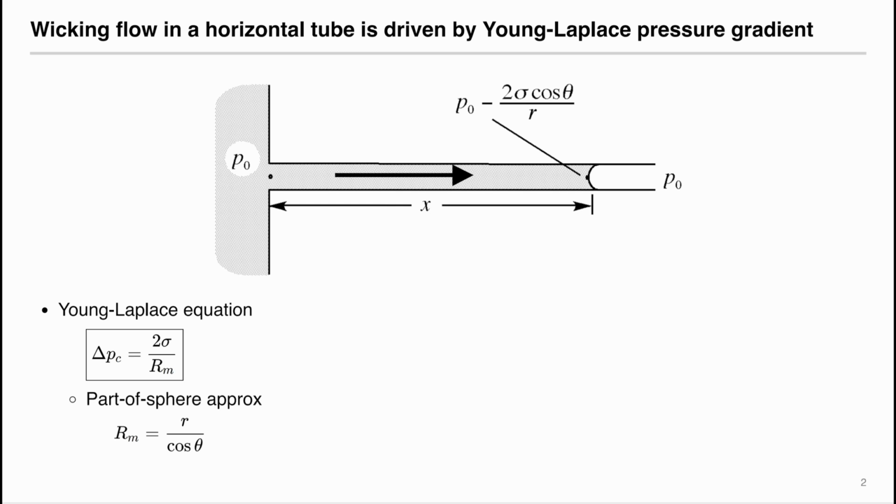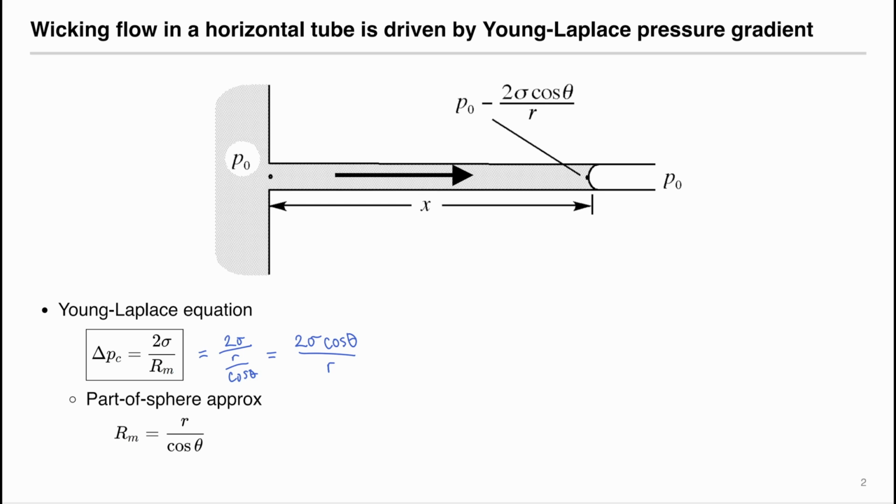So we can substitute the Rm in, and we get 2 sigma divided by R divided by cosine theta. The Young-Laplace equation simplifies to 2 sigma cosine theta divided by R. So this is the pressure deficit.